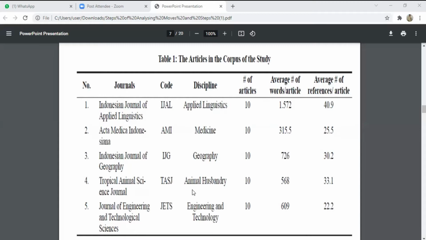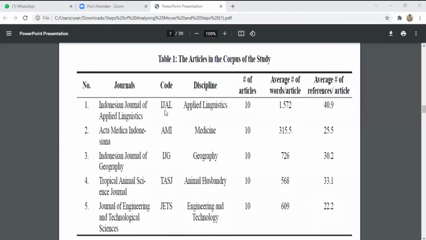Journal of Engineering and Technological Sciences, in the engineering and technology field, 10 articles with the average number of words per section, 609. With references less, this is the least number of references cited in the article, only 22.2 references, you see?